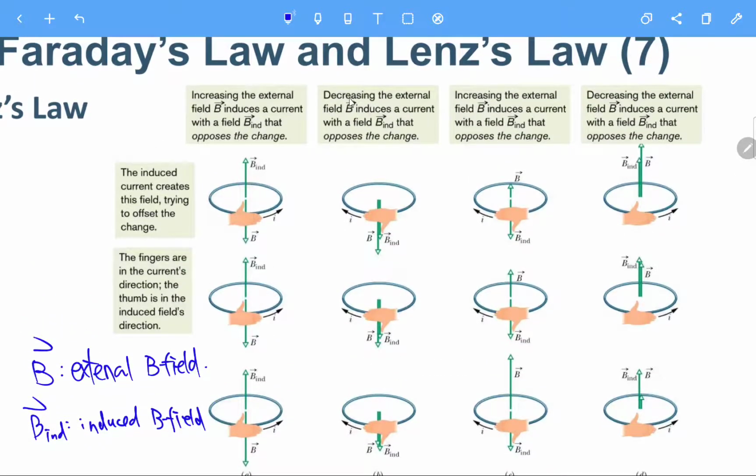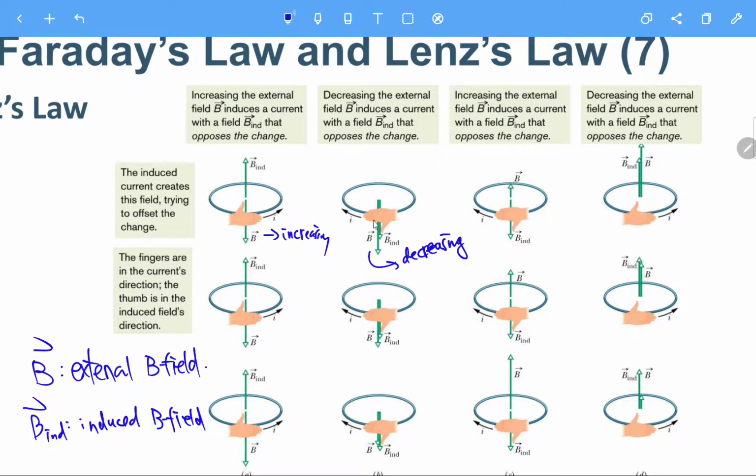The next case is decreasing the external field B, which induces a current with a B induced field that opposes the change. For this case, B is increasing, but for this case, B is decreasing. In this case, B is decreasing, so this loop will generate a B field pointing downward to offset this change.